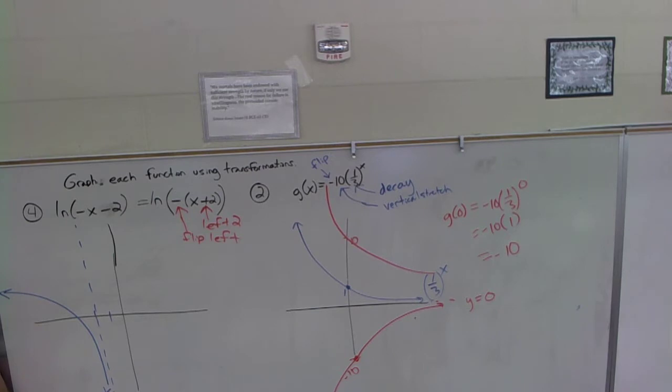Mr. Houghton, can you tell me where this goes through? What's that point? Oh, he's going to his calculator, smart. So he's plugging in 0 with his calculator, I'm guessing. Except if you plug in 0, I bet it says undefined.